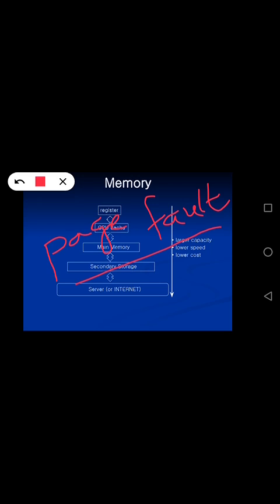It is called physical memory. So here we have two new terms: page or page fault, and physical memory.